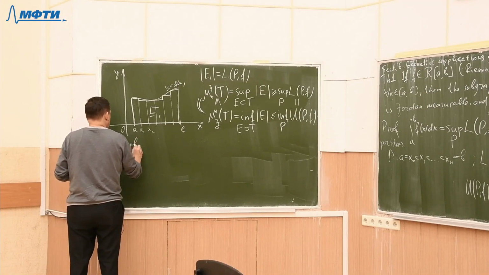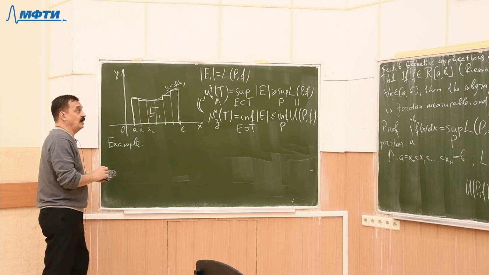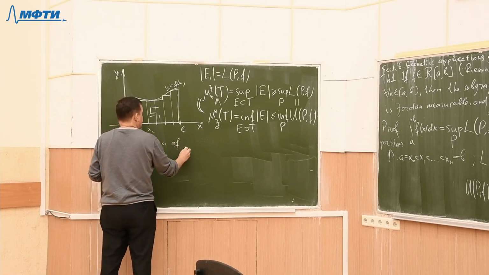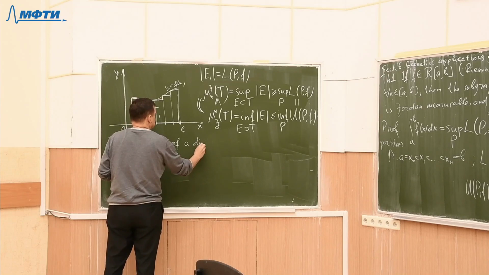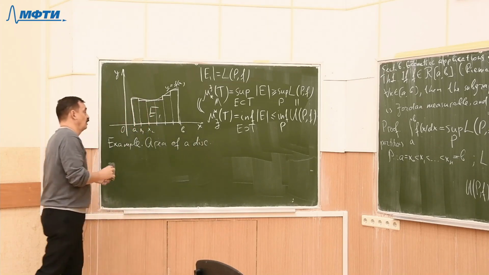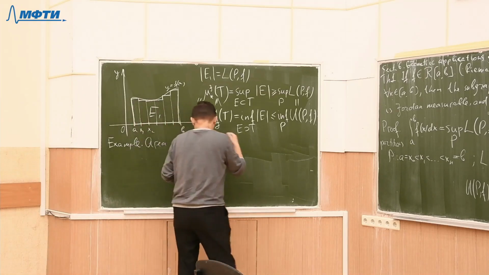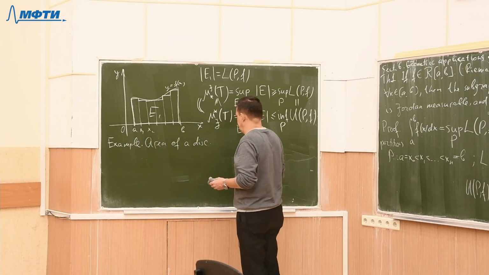Let us compute the area of a disk. Okay, let it be a unit disk. Oh, it doesn't matter, let it be arbitrary, right?